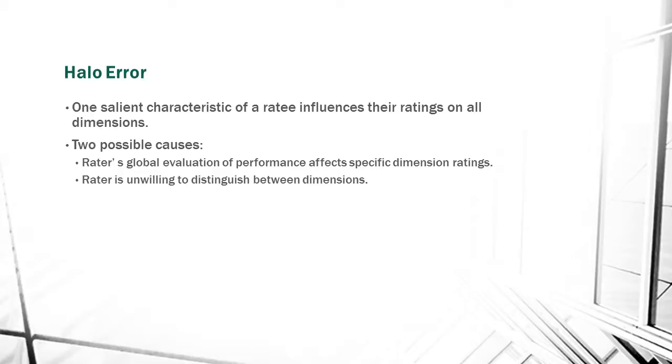So they're not really thinking about interpersonal skills versus job knowledge versus attention to detail. They're just thinking, yeah, this is a good employee, so therefore they must be good at everything. Or sometimes there's an argument that this process is a little bit more intentional, that the rater doesn't want to distinguish between dimensions, doesn't want to put that effort in, so they pick one thing and base all of their ratings on that thing.